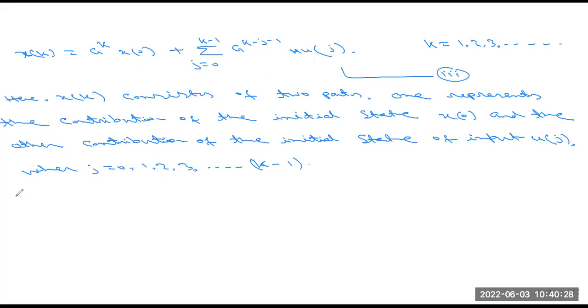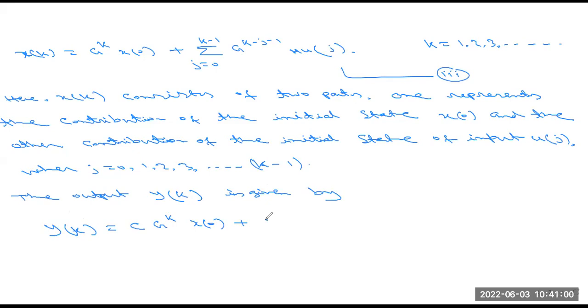Now the output equations. The output y of k is equal to c times g to the power k times x of 0, plus again c times the summation over j from 0 to k minus 1 of g to the power k minus j minus 1 times h times u of j, plus another part d times u of k.